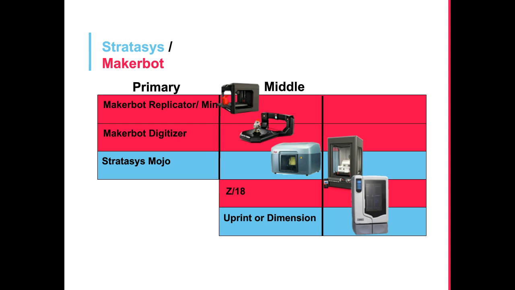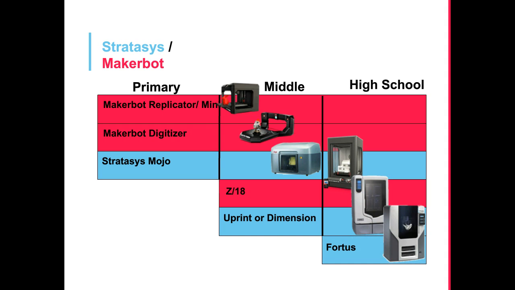Same thing with the Mojo at the elementary level. At the middle school, we have some subsequently bigger machines that can print bigger things. And then in the high school, still that same package, but running also with a Fortis machine that's just larger, more precise, can do some really cool things. And the robotics teams have got incredible use out of printing parts for their robotics out of that Fortis printer.